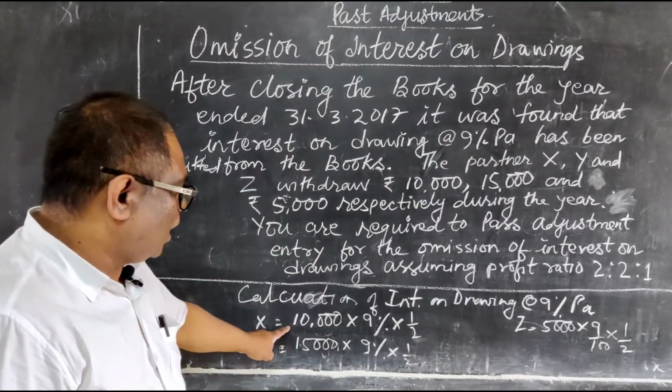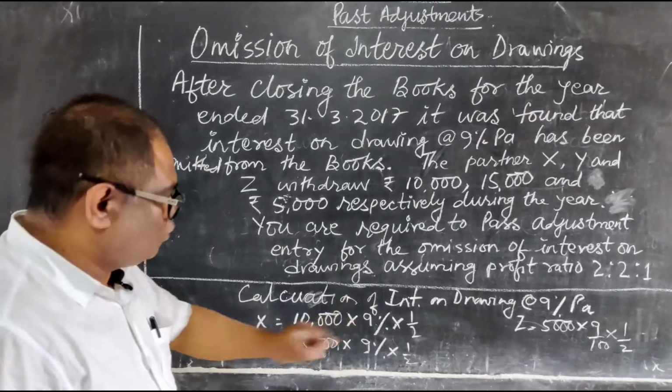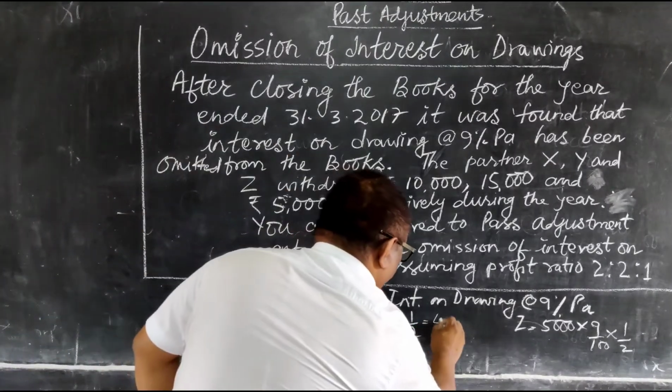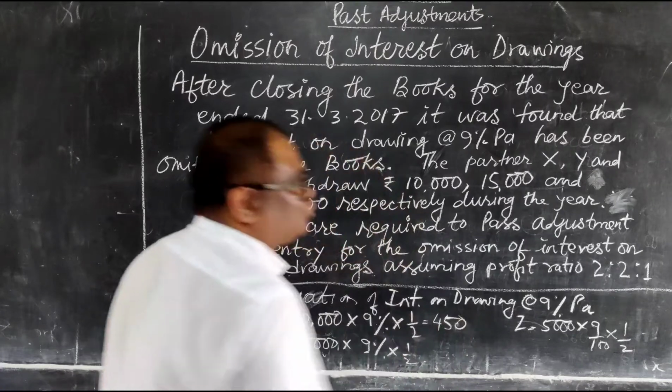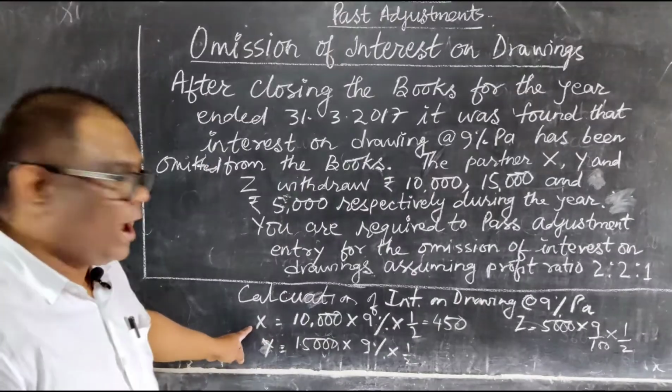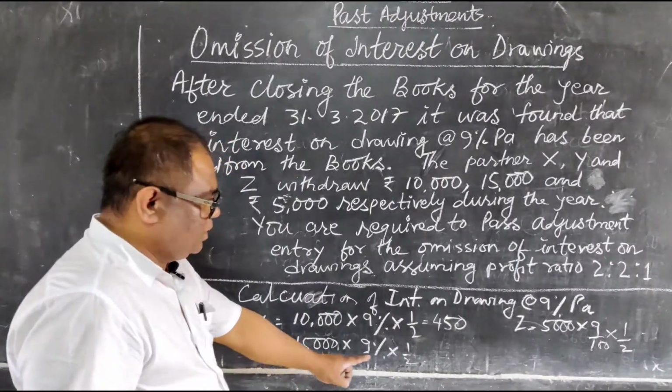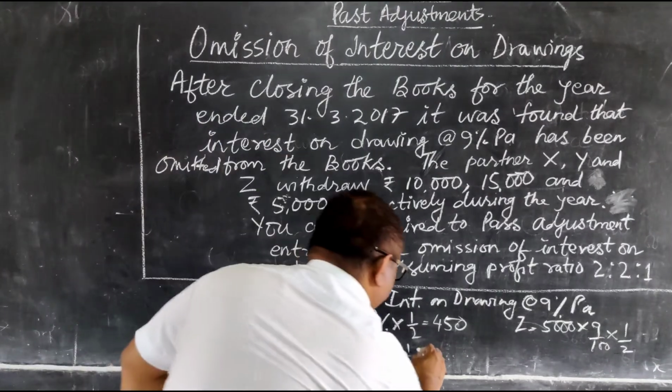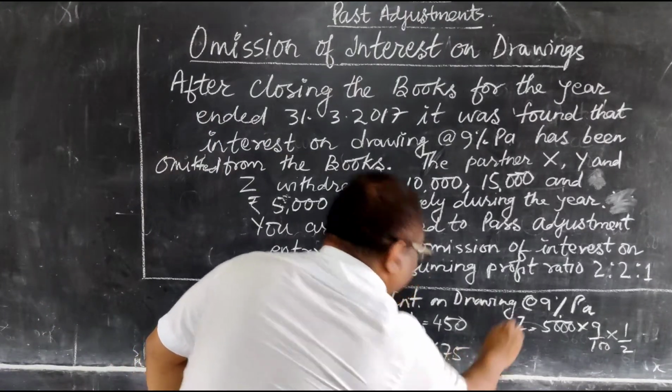So 10,000 into 9% into half, we get 450 as the interest on drawing of X. And Y: 15,000 into 9% into half, we get 675.